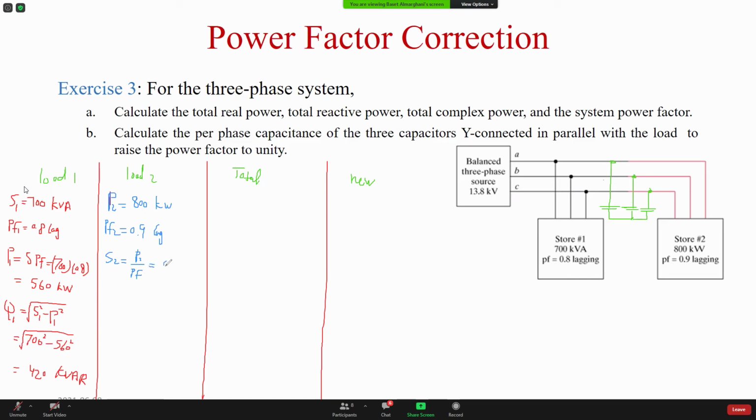So it's 800 divided by 0.9, and that gives me 888.8 kilovolt ampere.